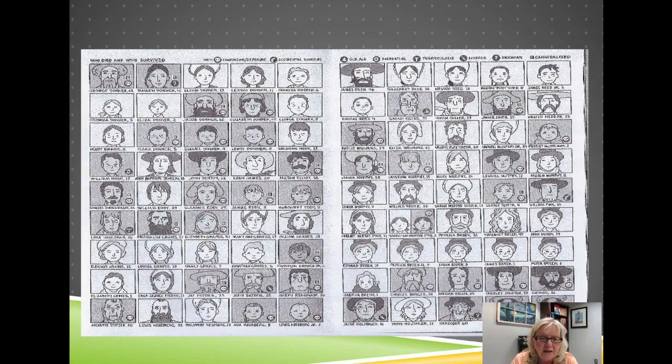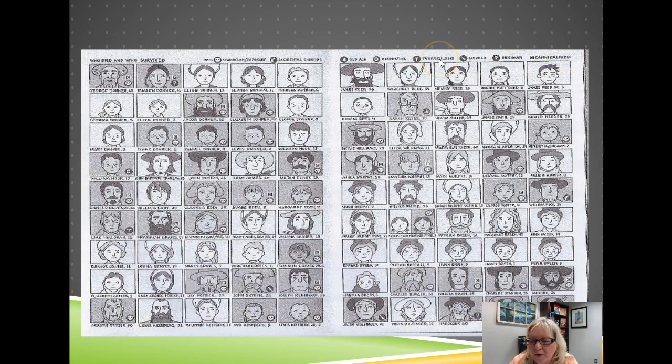And actually, I really find this sheet interesting, and I think some students would too, because it shows who died and who survived, and it gives a little legend of how they died. So accidental shooting, starvation or exposure, murdered, unknown, cannibalized, or who they thought was cannibalized.